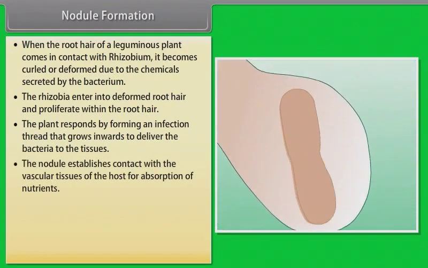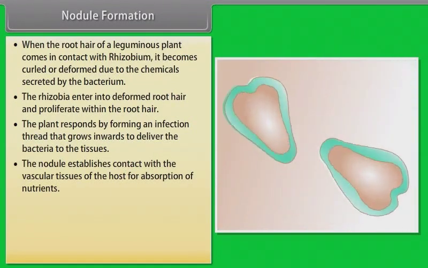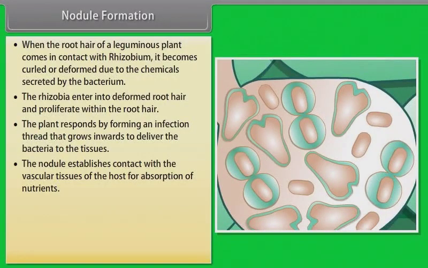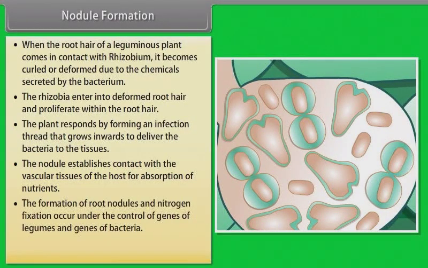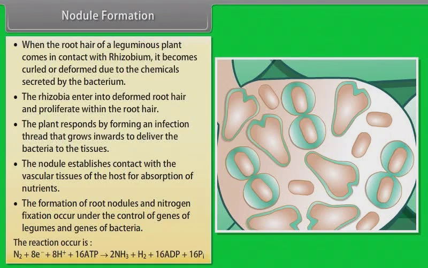The nodule establishes contact with the vascular tissues of the host for absorption of nutrients. The formation of root nodules and nitrogen fixation occurs under the control of genes of legumes and genes of bacteria. The reaction is nitrogen plus 8 electrons, 8 hydrogen ions plus 16 ATP gives 2 NH3 plus hydrogen plus 16 ADP plus 16 Pi.